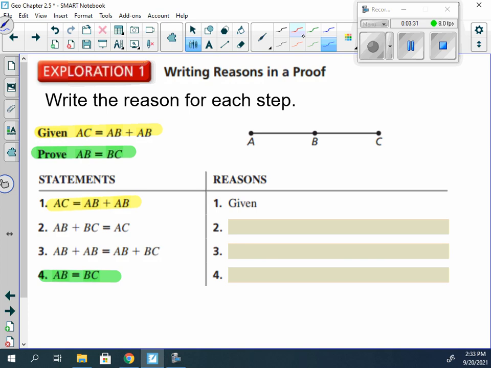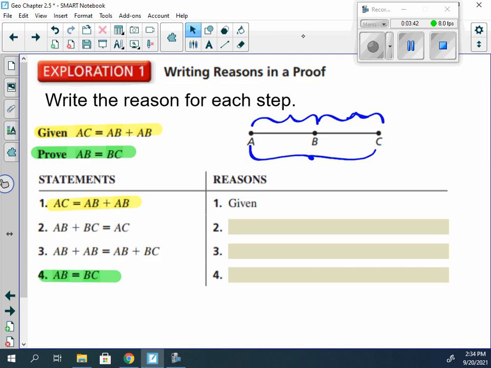So let's look at this second statement. AB plus BC equals AC. So what did we say? The two parts equal the whole thing, yes? Do we have a postulate that lets me say that? We should. Would be our segment what?